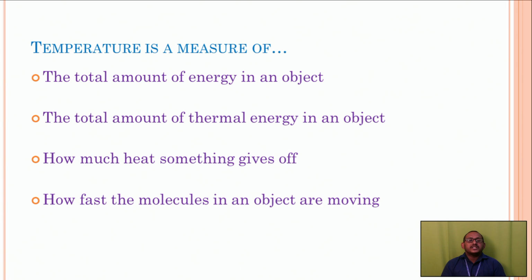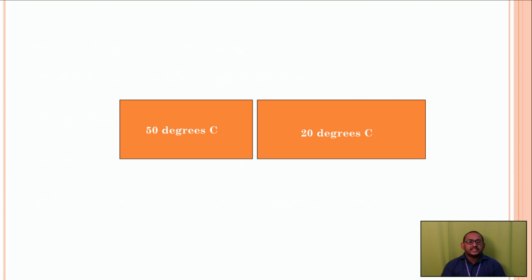How much heat an object gives off is also known as the temperature. The movement of energy from the high medium to the low medium is also termed thermal energy, that is, the temperature.